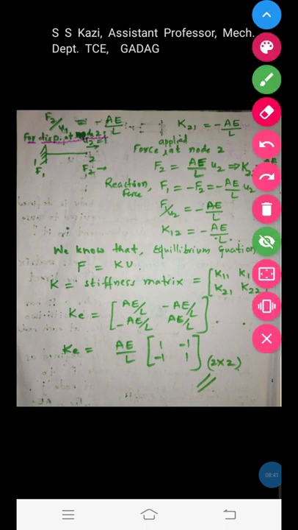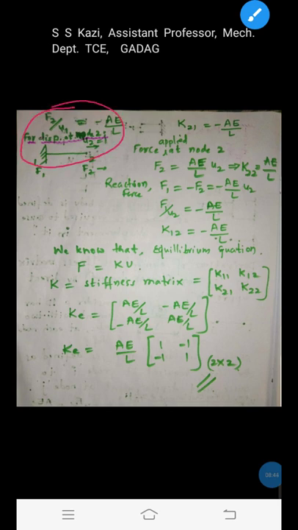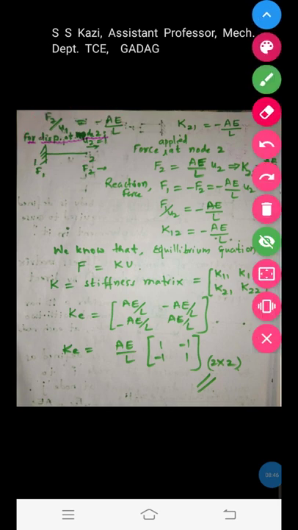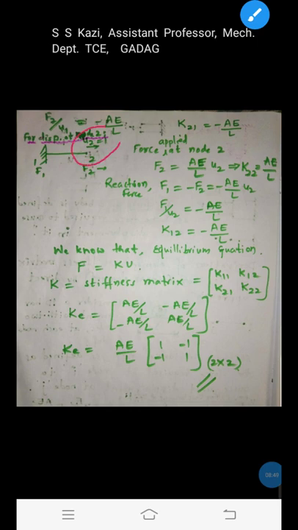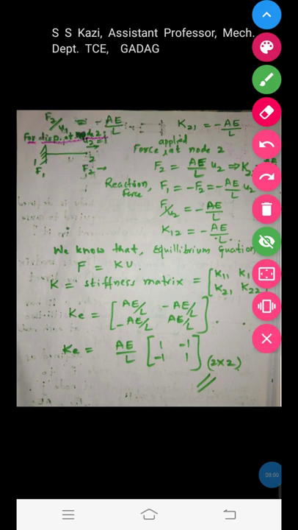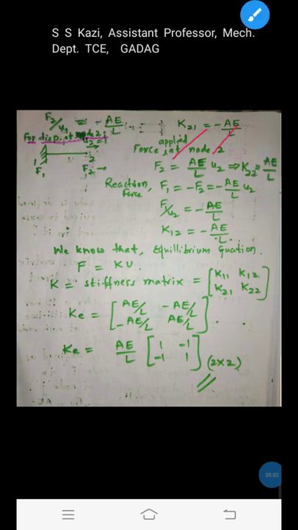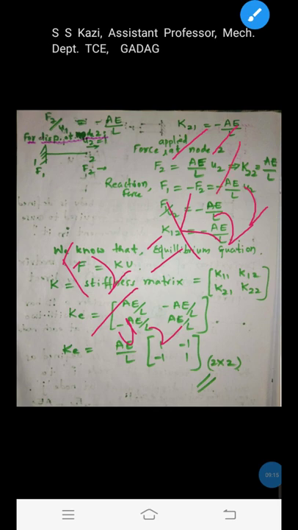I hope you are following. Next, we will consider the case of unit displacement at node 2. Let us consider that node 2 has unit displacement due to the applied force F2, and node 1 will experience the reaction force because it is provided with a support. The applied force F2 is equal to AE by L U2. Therefore F2 by U2 is AE by L, which is represented by K22, the force needed at node 2 to produce unit displacement at node 2.